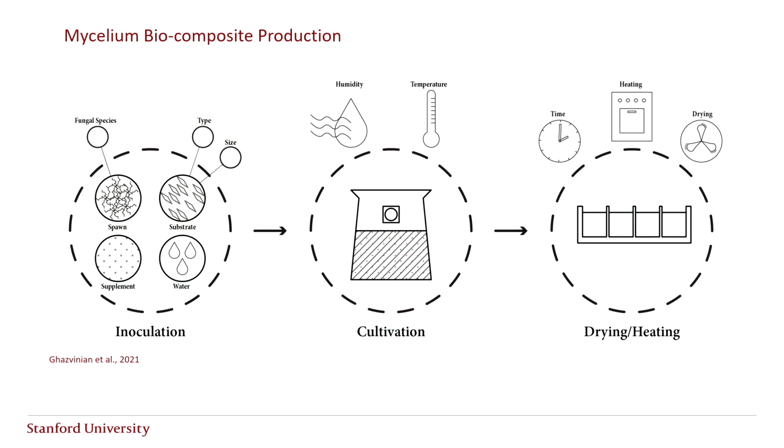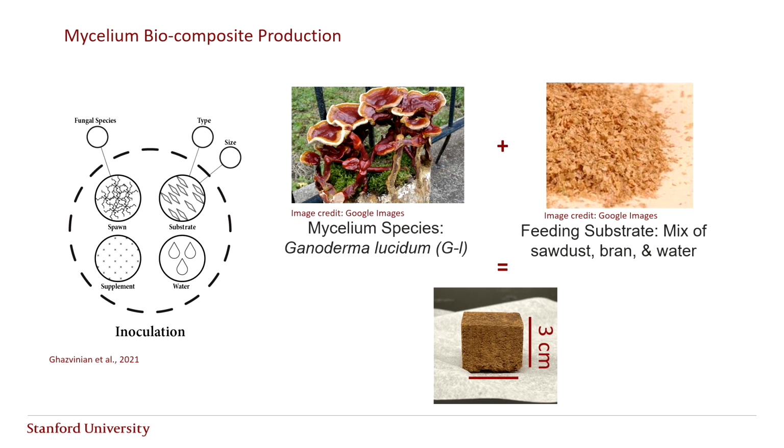So how do we actually create this material structure? We do this by creating a biocomposite, and there are three main parts to its production: inoculation, cultivation, and then the drying part. I'm just going to go into the inoculation part as an example. When we look at the inoculation step of creating this biocomposite, we have two main parts.